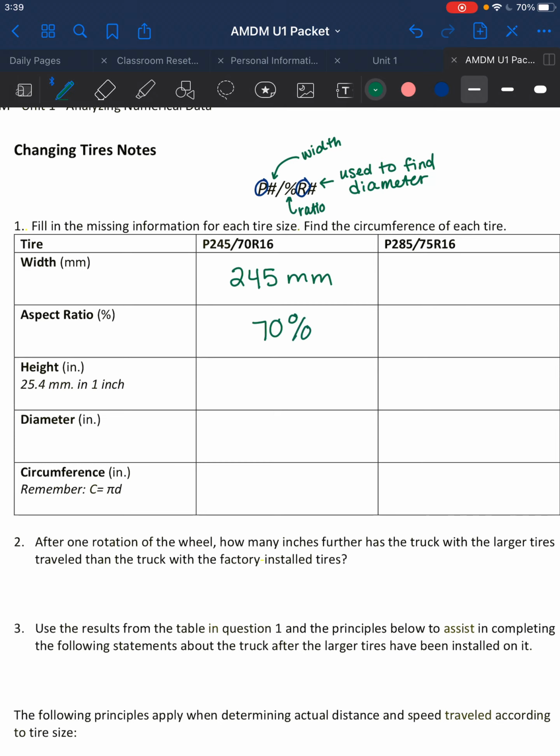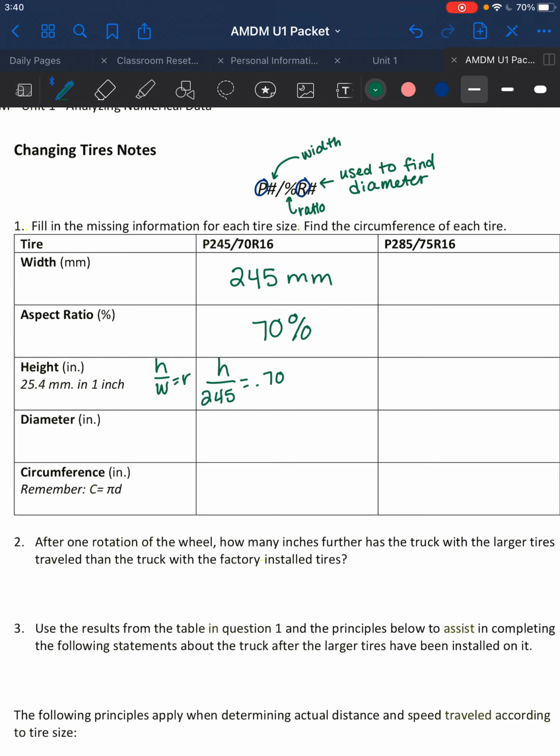Once again, I'm just getting this from the information right here. To find height, you want to do height over width equals your ratio. So my height is unknown, my width is 245, and that's going to be equal to 0.70.